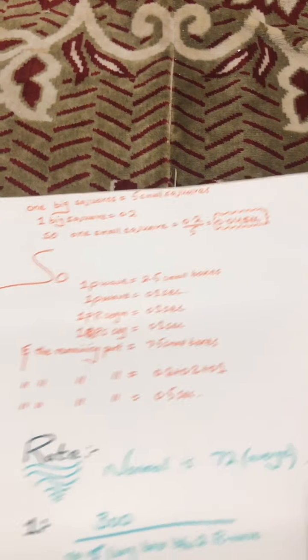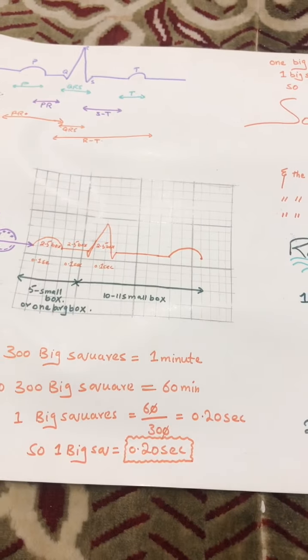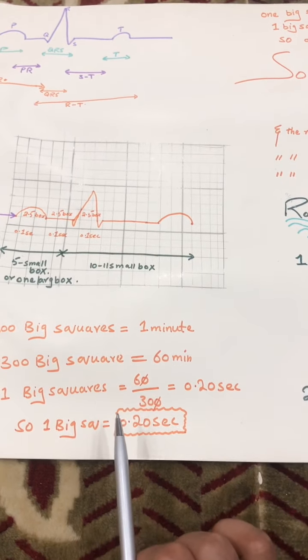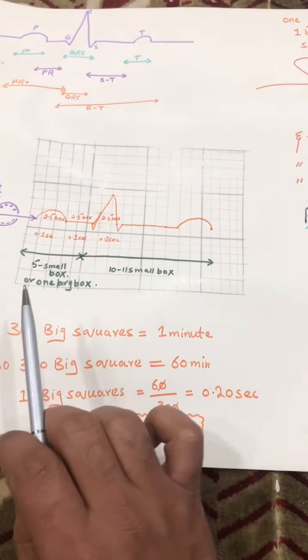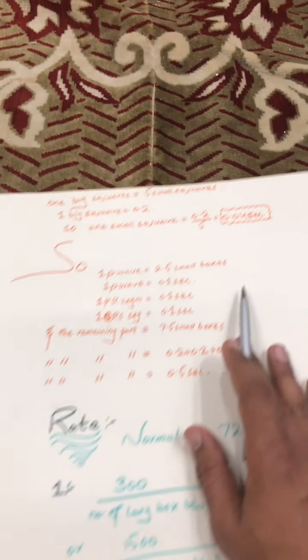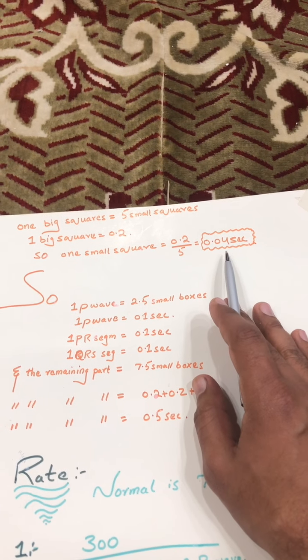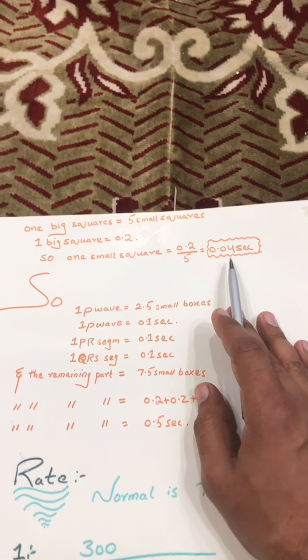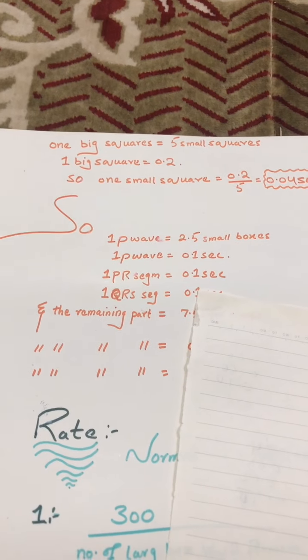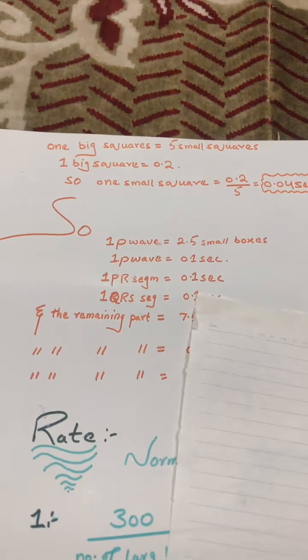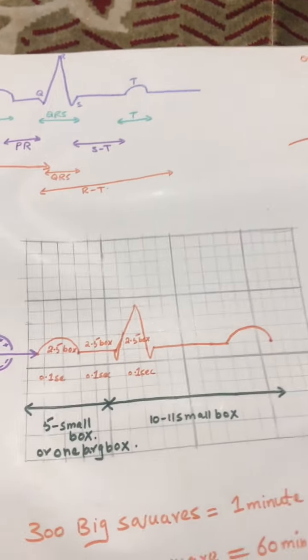We can recap by saying that one big square takes 0.20 seconds to pass under the needle, and one small square takes 0.04 seconds. So now we're going to apply all these things on the ECG.